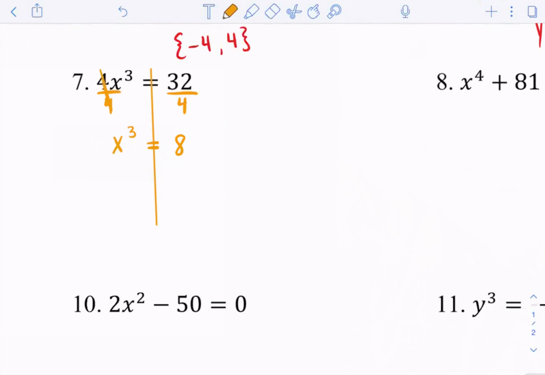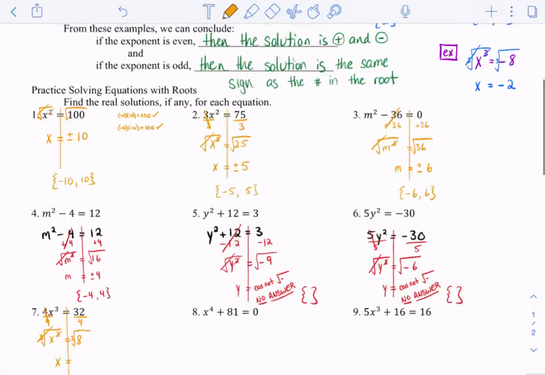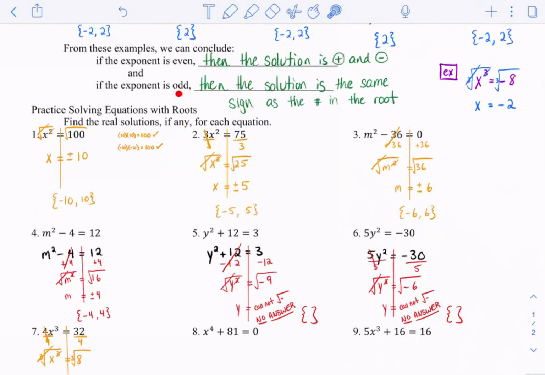Then I want to get rid of the exponent. Here I have a third exponent, x to the third. So when I root it, careful, we're not square rooting, we need to cube root. A cube root will get rid of a 3. Now, if you remember from before, if it is an odd exponent, then the solution is the same sign as the number in the root.